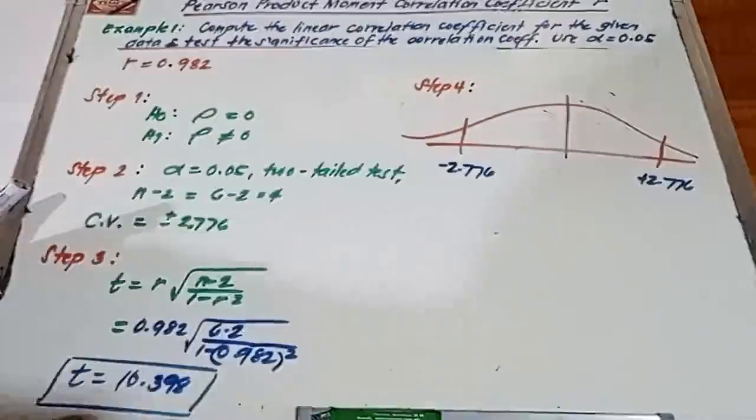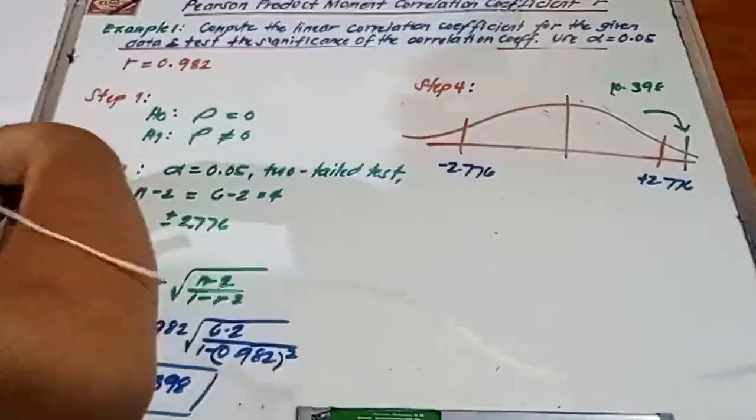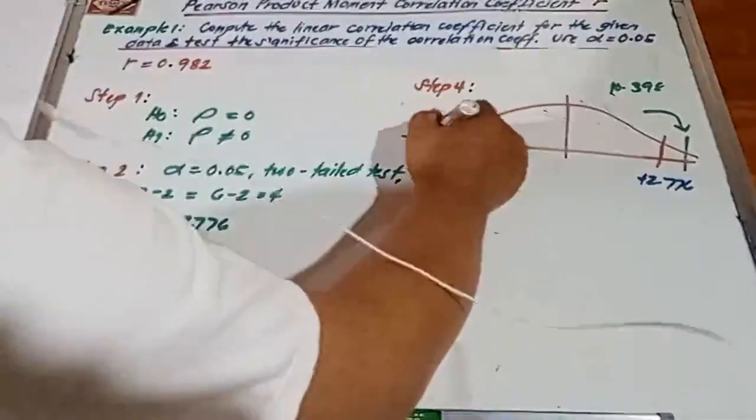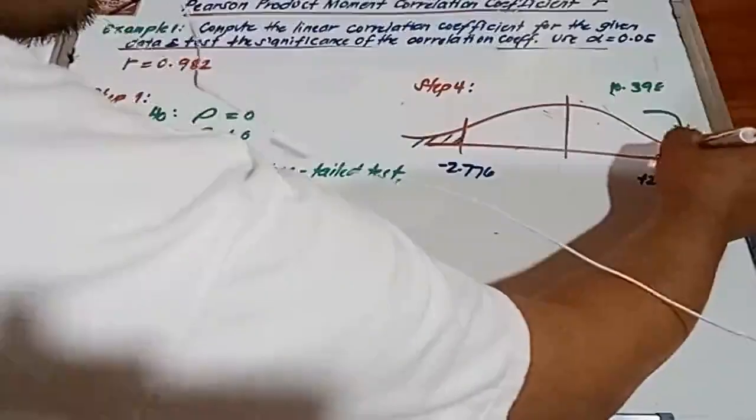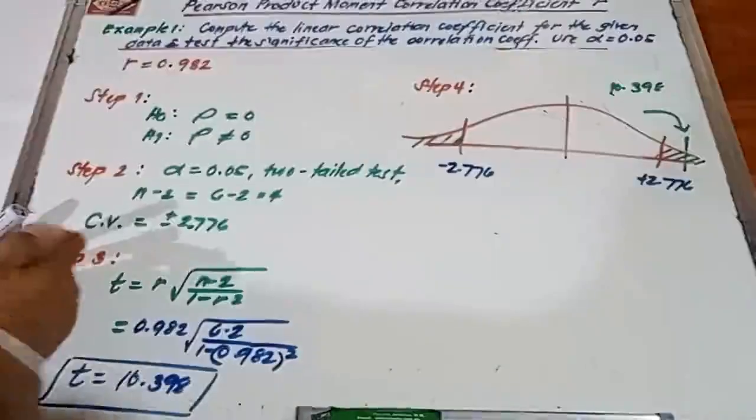So, ang value natin is 10.398. So, naandito siya. Ito yung ating 10.398. Nasa rejection region siya. Okay? So, ano ibig sabihin nun? I-reject natin yung null. Okay?